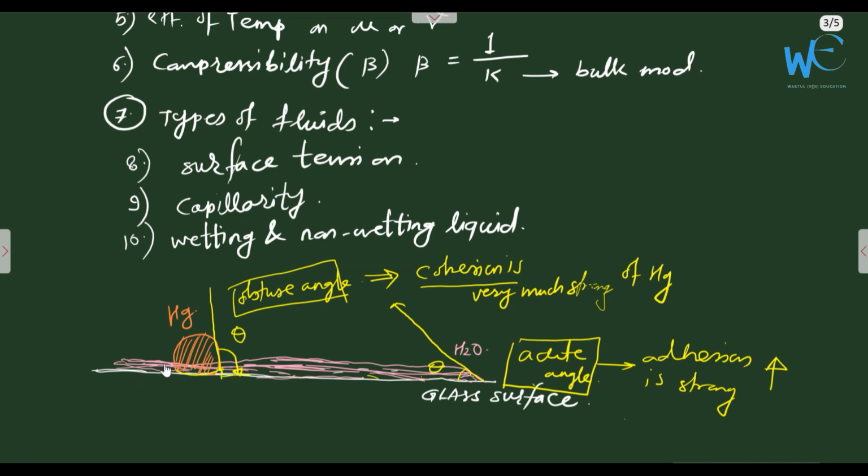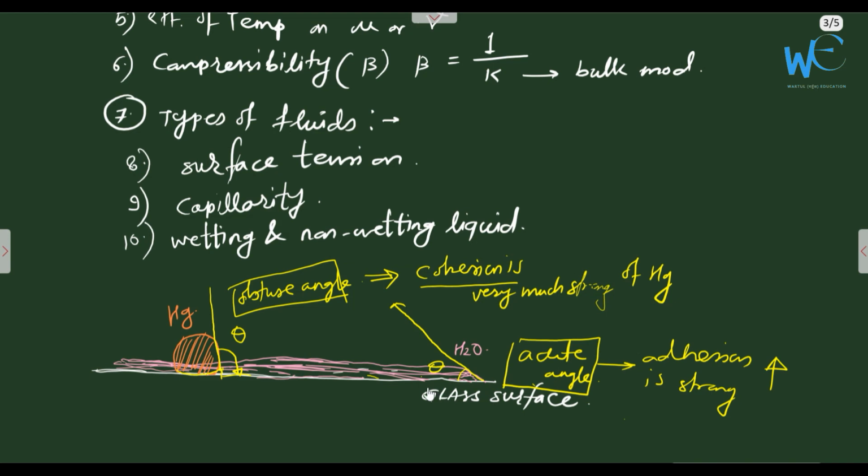Because here cohesion is in a dominating position in mercury molecules, so there is very little contact area with the glass surface. That's why they form an obtuse angle to the glass surface, but it is not the same in the case of water molecules. Here they form an acute angle.